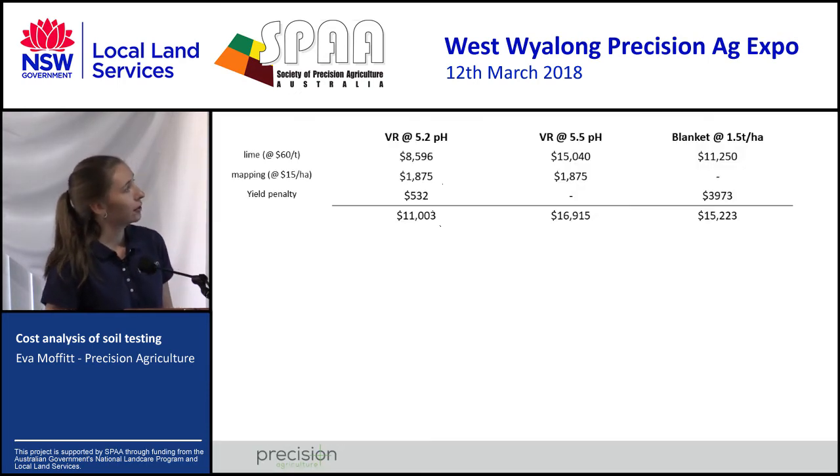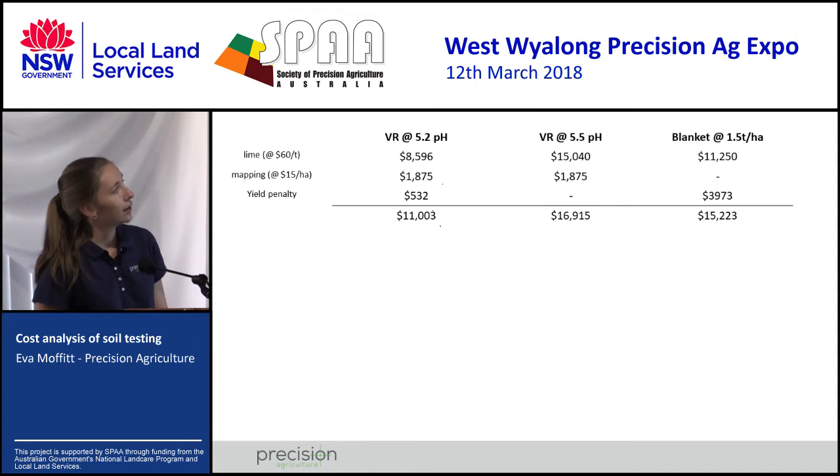So if we go back to our costs and we add these on, we're now getting our 5.2 at around $11,000, our 5.5 nearly $17,000 still, and our blanket, adding on that $4,000, is around $15,000. So we're starting to see not too much of a difference between these two, but we still would say that our VR 5.2 has been the most cost efficient.